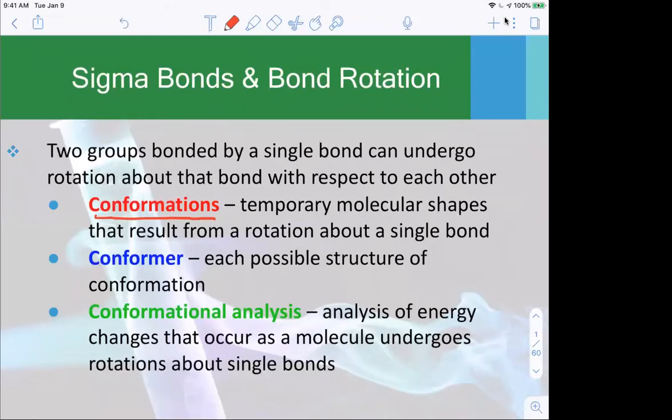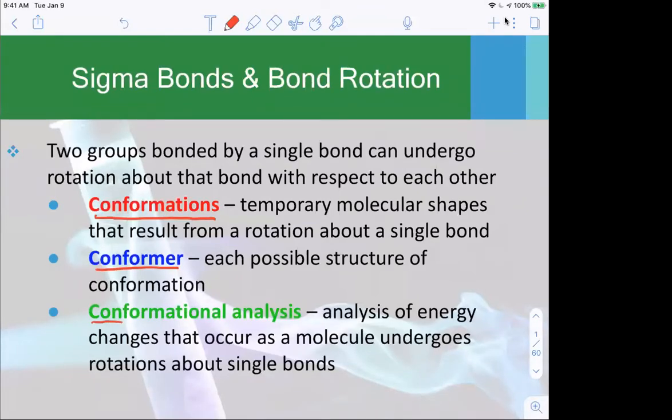There's also the term conformer, which is a possible structure in that huge array of conformational possibilities. If I took a snapshot of a molecule at any point as I'm rotating the bond, each one of those snapshots would represent a different conformer of the overall molecule.